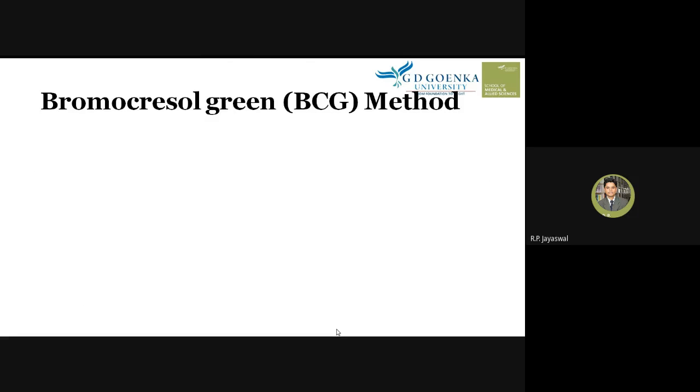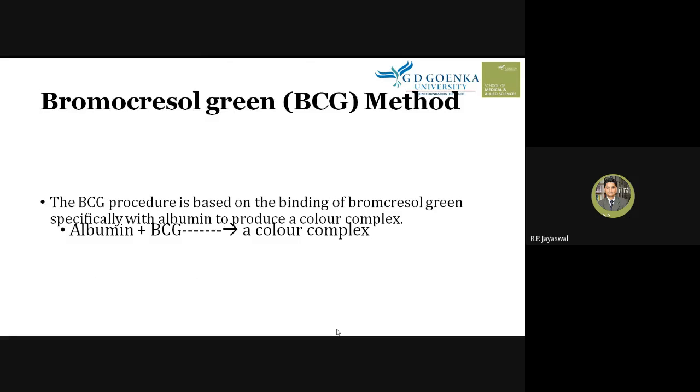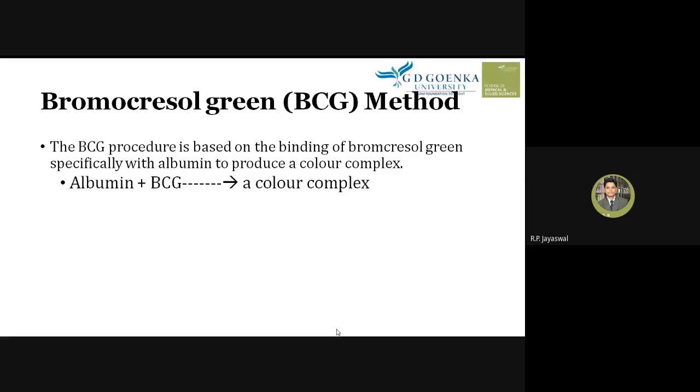Bromocresol green method is one of the methods which we use for doing the albumin test in patient samples. What is the principle of the test? The BCG, bromocresol green, is based on binding of bromocresol green specifically with albumin to produce a color complex.